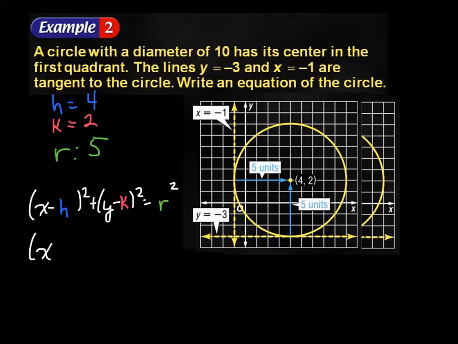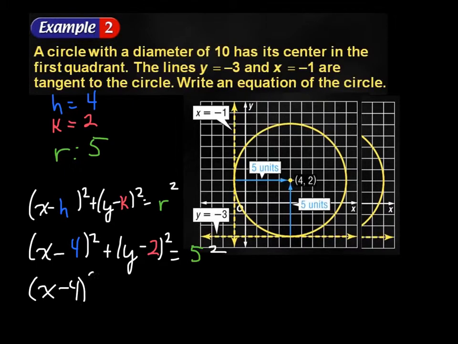So we have (x minus h) squared plus (y minus k) squared equals r squared. So all I do to simplify it is simplifying these squared r's, we have (x minus 4) squared plus (y minus 2) squared equals 25.